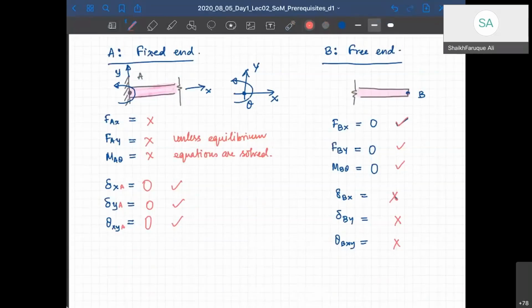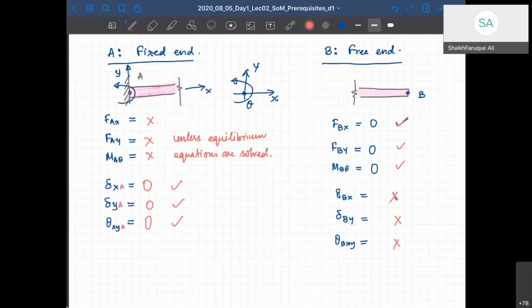So note this. Therefore, what I'm going to tell you now, please pay attention to it. It is always that either you will know the force along a particular direction at a particular node, or you will know the geometric boundary conditions at that particular point along that particular direction at that particular node. You will not know both.